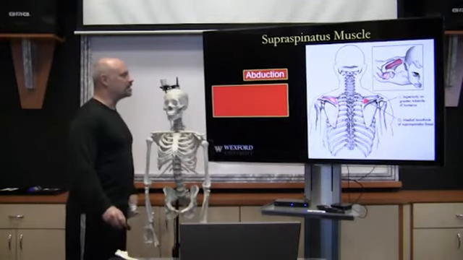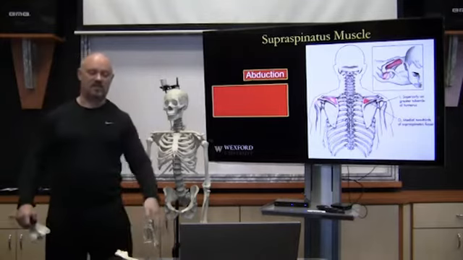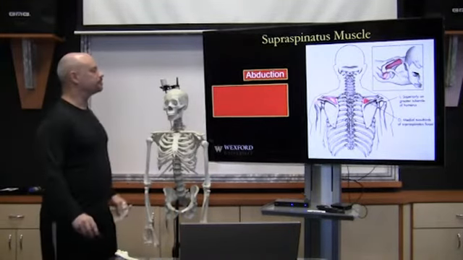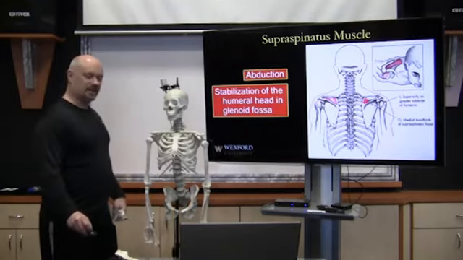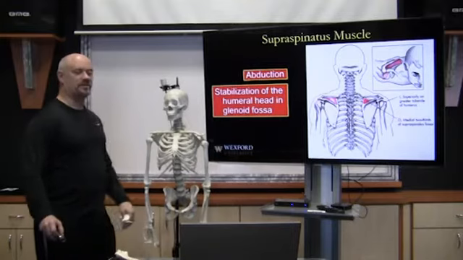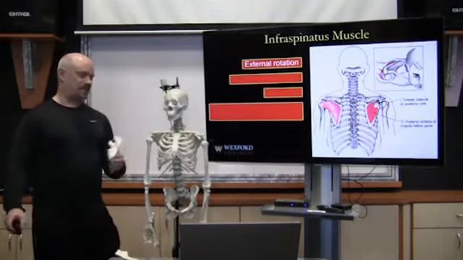The supraspinatus does abduction. Once again, it starts the abduction movement away from the body. Once again, also another stabilizer of the humeral head and the glenoid fossa. The infraspinatus causes external rotation.